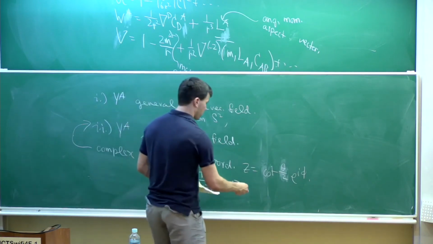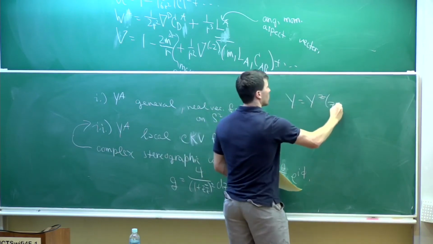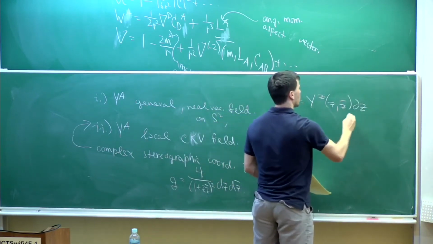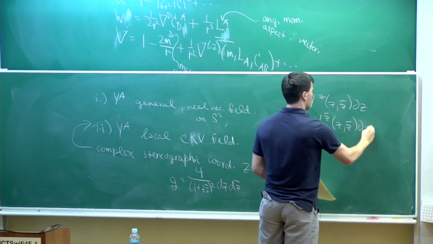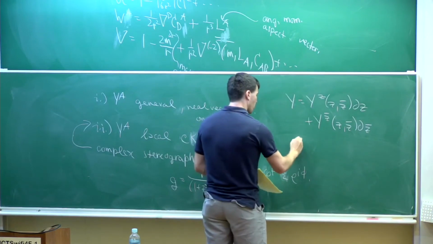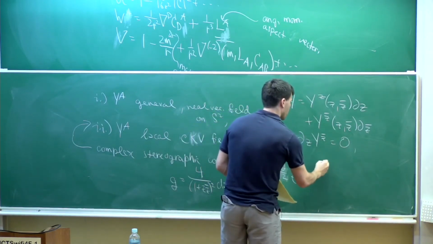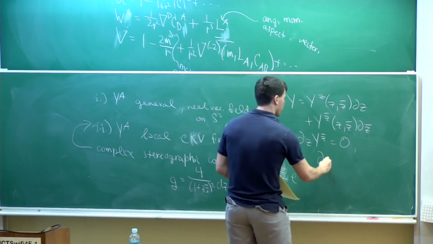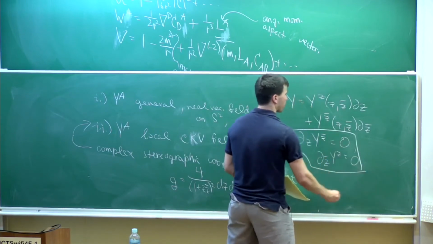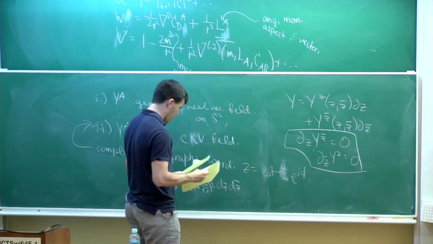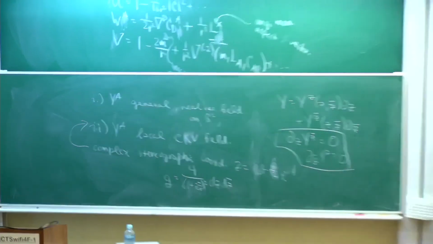And for a vector field written in these complex coordinates, from what I'm aware, the condition couldn't be sort of simpler. You just want to have something like this in order to satisfy the conformal Killing equation locally.